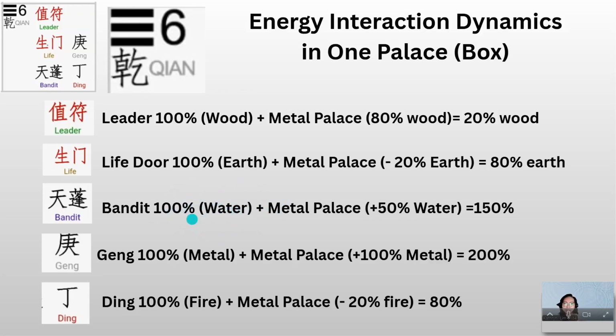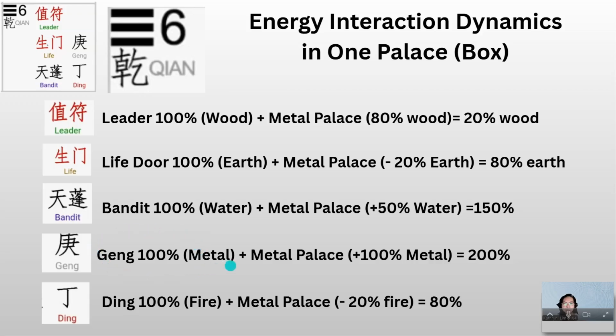When a water element sits in the metal palace, it gains energy, because metal produces to the Bandit star, and it becomes 150% water energy. Now we look at Geng.